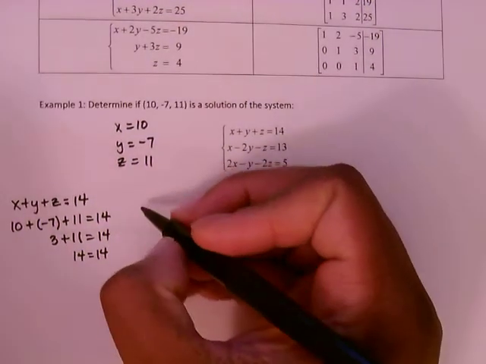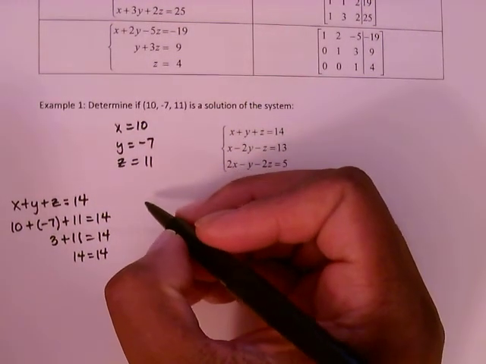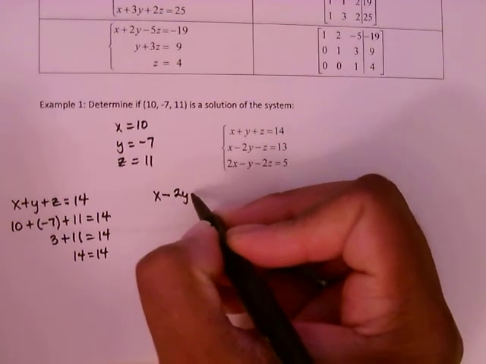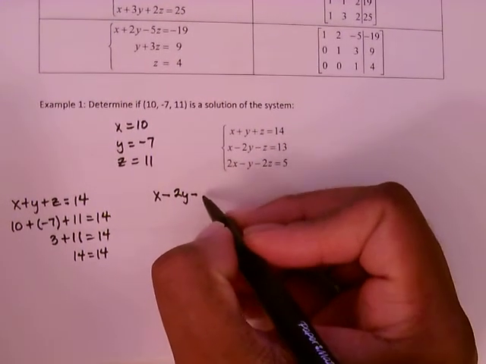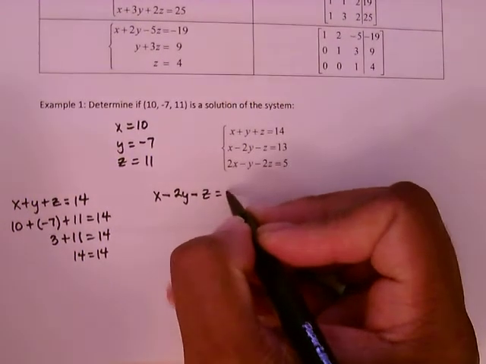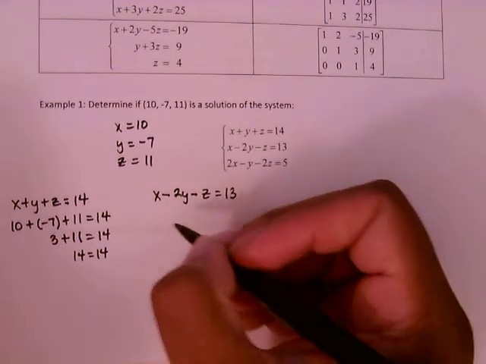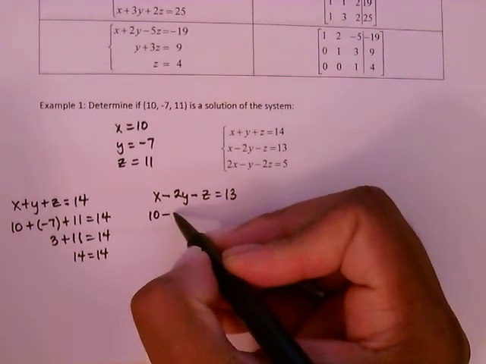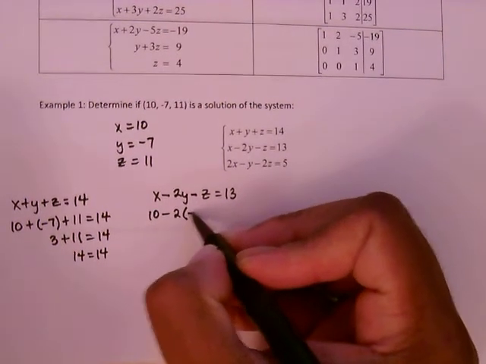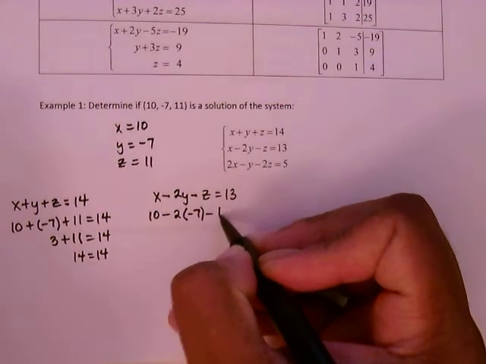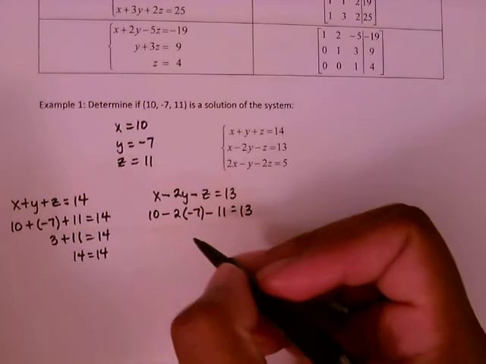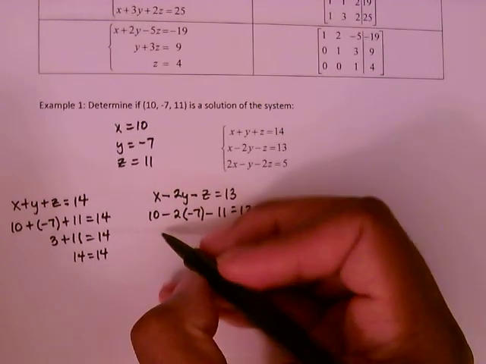In this case, the second equation is x minus 2y minus z equals 13. So again, I'm going to substitute x with 10, then minus 2 times y, which is -7, minus z, which is 11. That should equal 13.